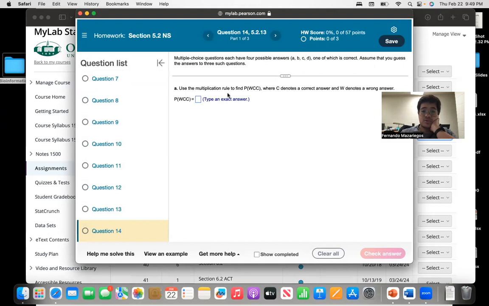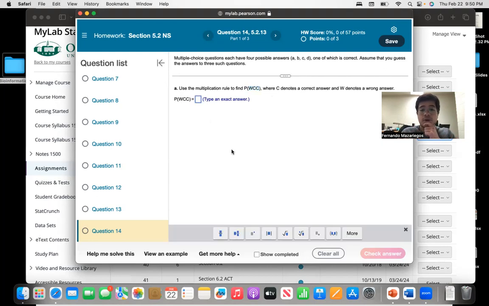Use the multiplication rule to find the probability of WCC, where C denotes a correct answer and W denotes a wrong answer. It's very important to know that the order of all of these matter. So it's not the same event to do wrong, correct, correct, than to do correct, correct, wrong. Maybe the probability is the same, the number, but the events are different.